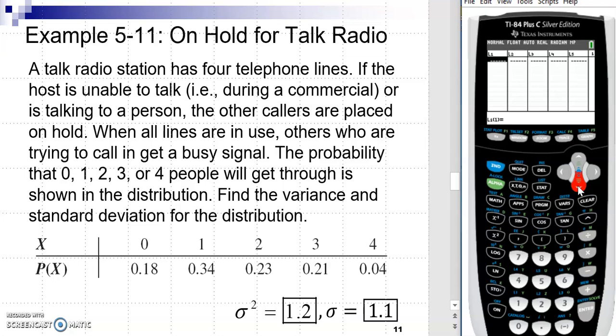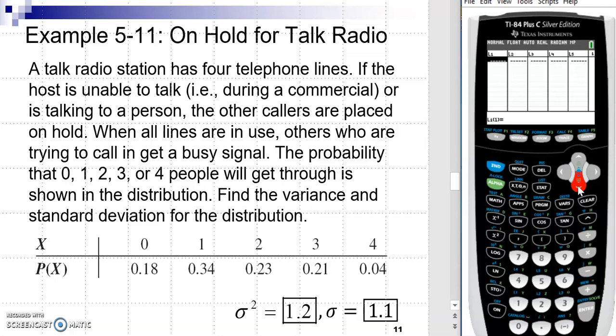And if the host is unable to talk, in other words, there's a commercial or he's talking to a person, then the other callers are placed on hold. When all the lines are in use, others who are trying to call in will get a busy signal. So the probability that 0, 1, 2, 3, or 4 people will get through is shown in this distribution. Find the variance and the standard deviation.